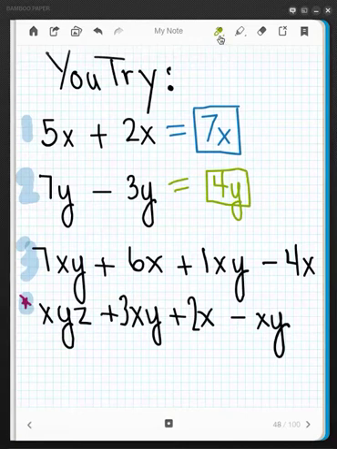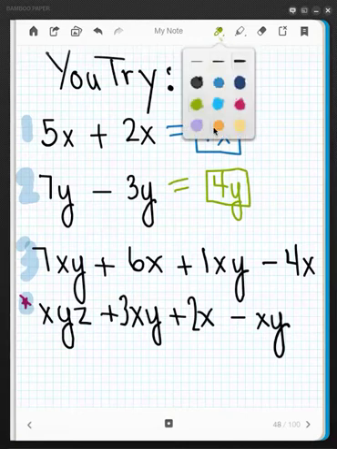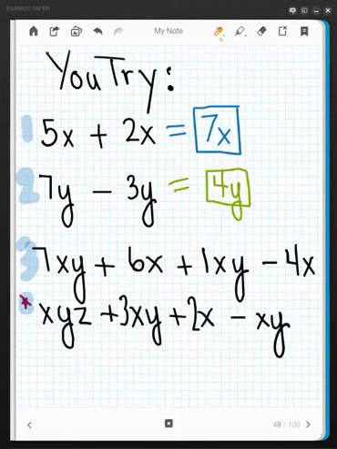Next, I have a little bit more complication. Now this time around, what I'm going to do is show you which ones I'm looking at together, right? I have xy's and xy's here, and I have x's here, and I have x's here.